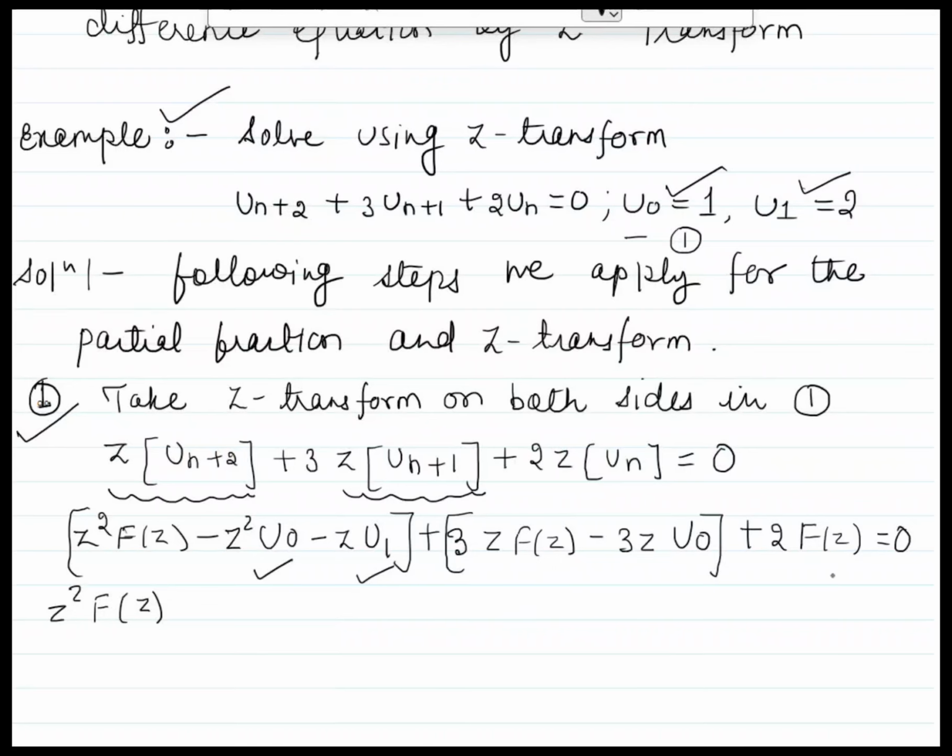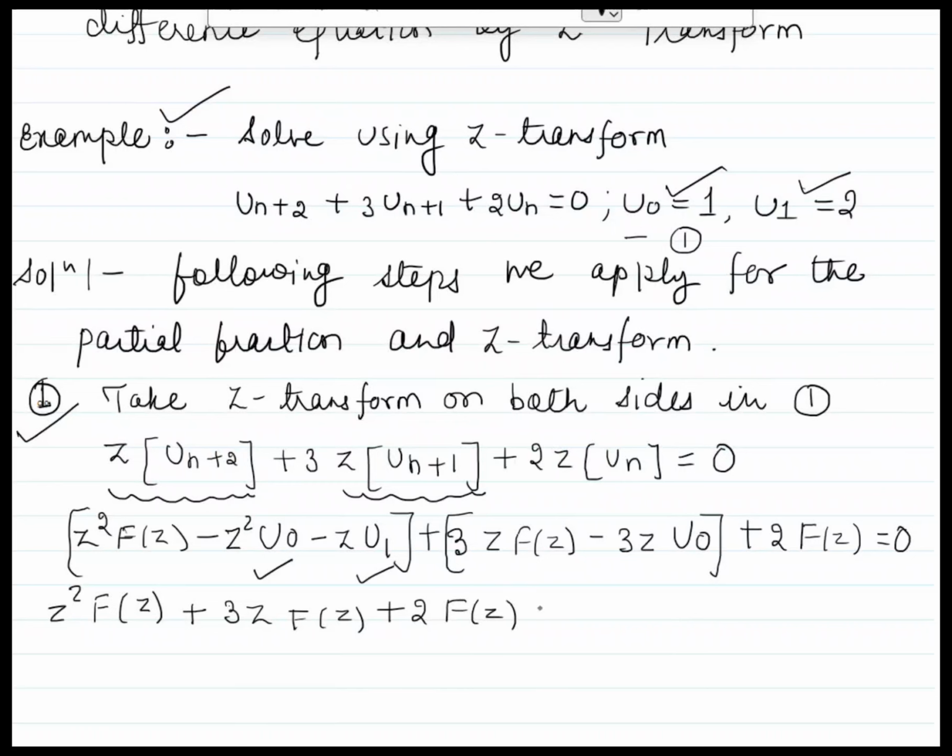So this Z square I am taking on the right hand side. Just I am taking all common F(z). So for F(z), here is Z square, then the next is 3Z because here is also F(z). And then I'll write here 2 F(z).